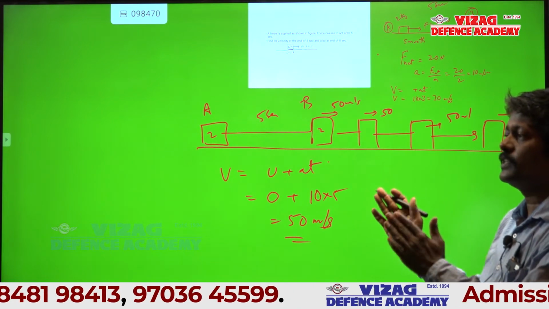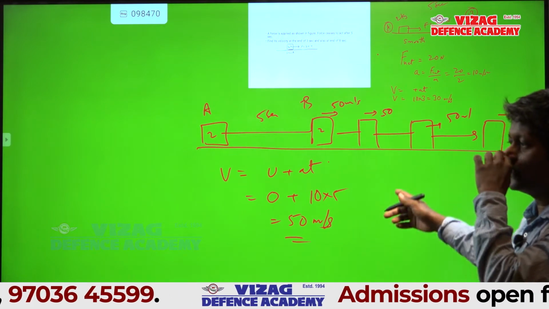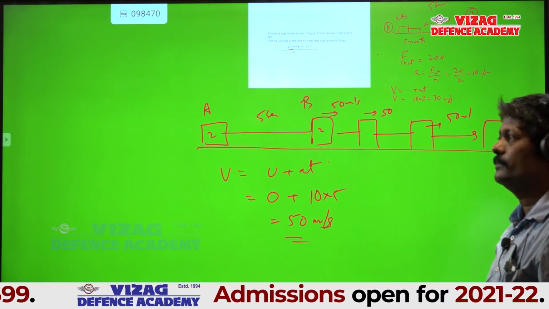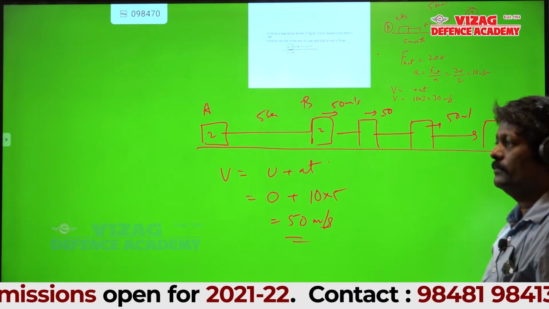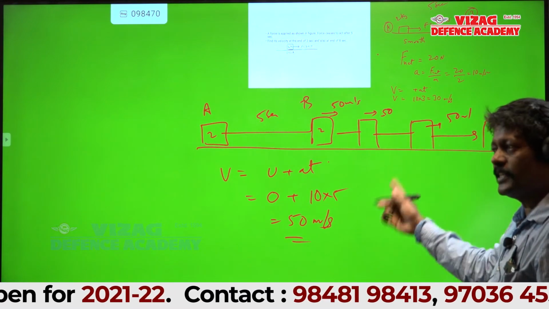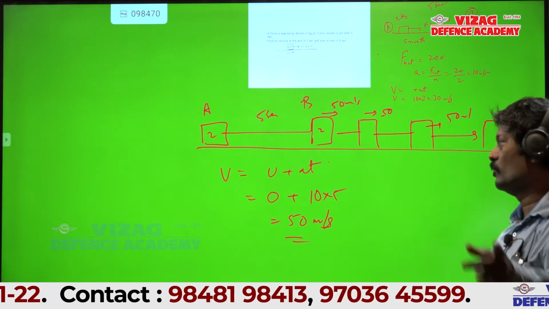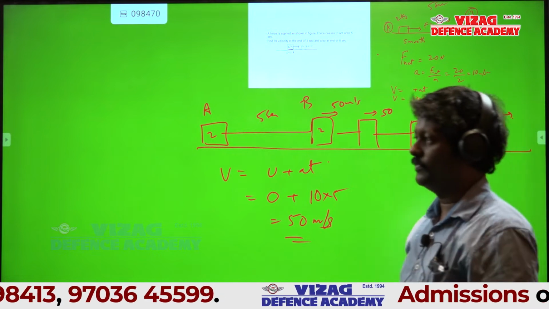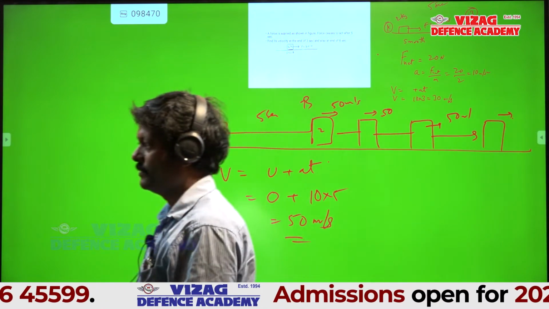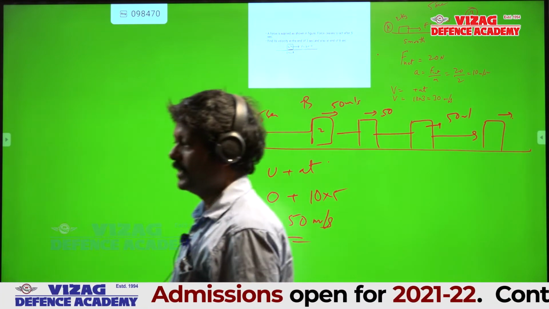It will continue with the same velocity. So what is the velocity at the end of 8 seconds? 50 meters per second. At the end of 6 seconds? 50 meters per second. At the end of the 10th second? 50 meters per second. Very good. Write down that.